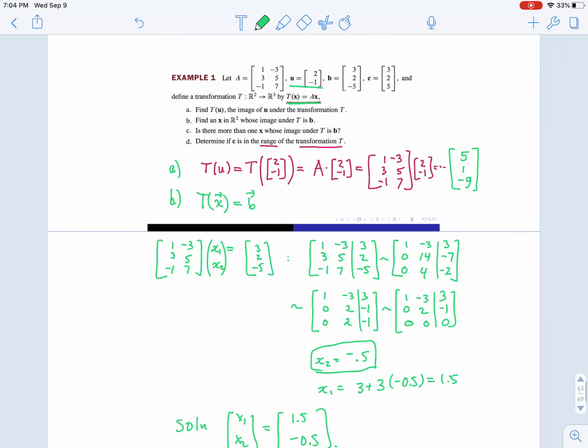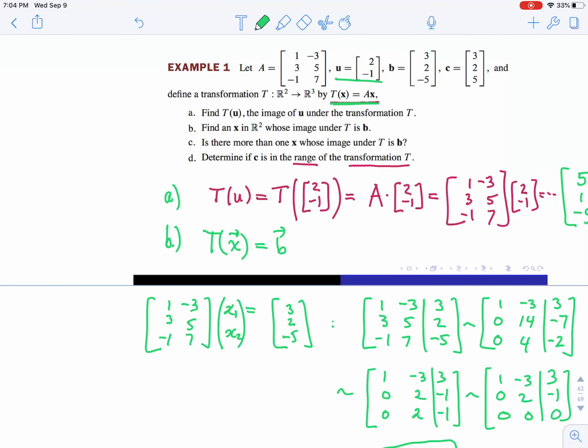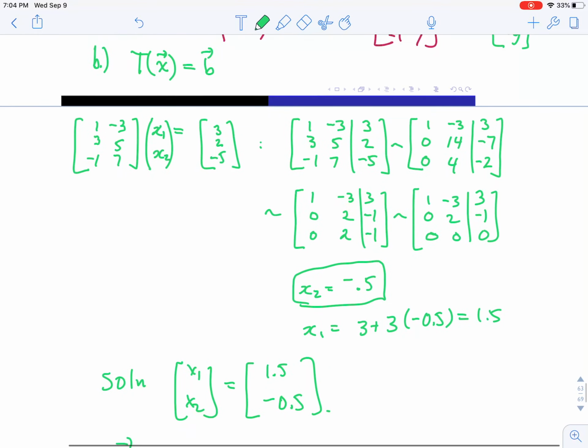Well, that's a good question. In part B, we found one x that got sent to B. And now the question is whether there is more than one. Well, let's look at the way we solved it. When we solved it, we actually found a unique solution. We had no free variables.